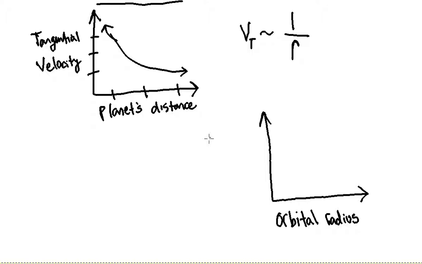And now we're talking about the strength of gravity. So as we got a lot closer, we saw the strength of gravity was a lot larger. And as it was further, the strength of gravity was much smaller.